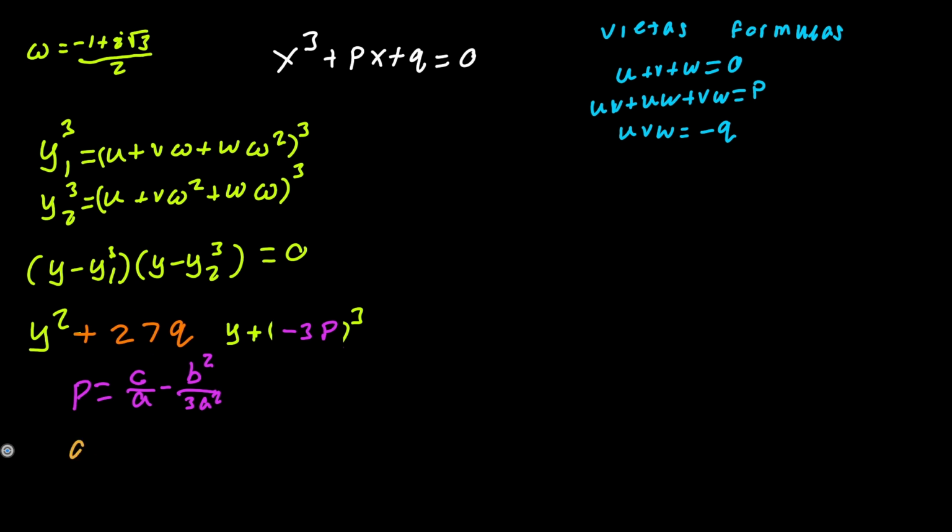And q is equal to 2b cubed over 27a cubed minus bc over 3a squared plus d over a.